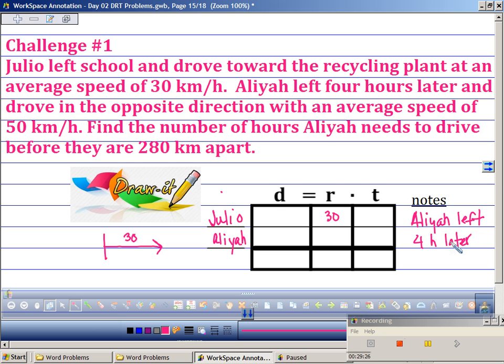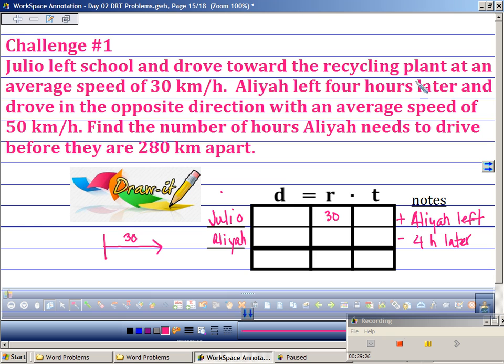If she leaves 4 hours later, and he's already been traveling for 4 hours, and I say stop, who was traveling longer? Julio. He was traveling longer, right? If I'm sitting in my house and Julio's already left, and then I decide to leave, and then we stop time, he's going to be traveling longer than I am, right?